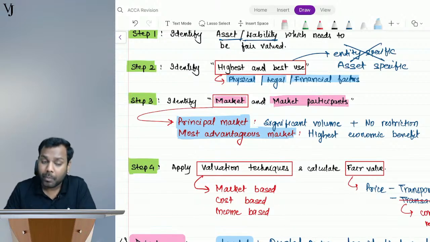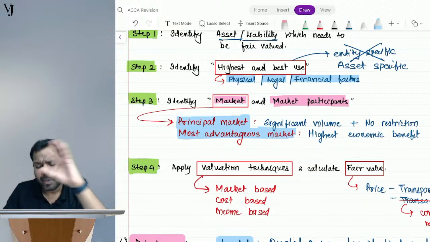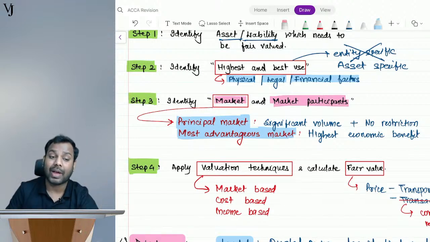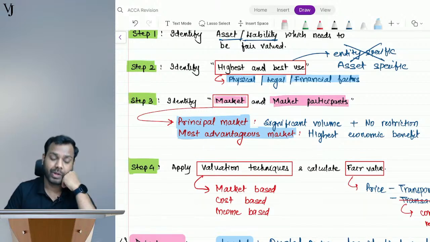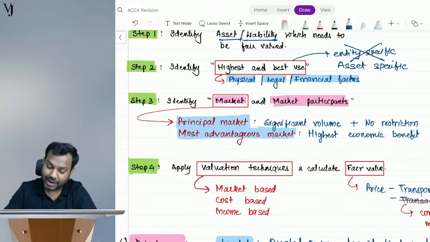What is the meaning of most advantageous market? Most advantageous market means the market in which I will get the highest value. The standard says you have to give first priority to the principal market.